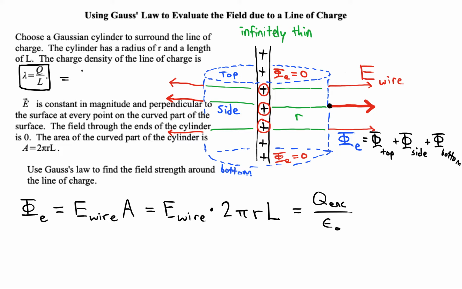The linear charge density involves the total charge on a line or wire divided by the length of that wire. If we solve, we can find that the charge enclosed then will be equal to lambda times the length.